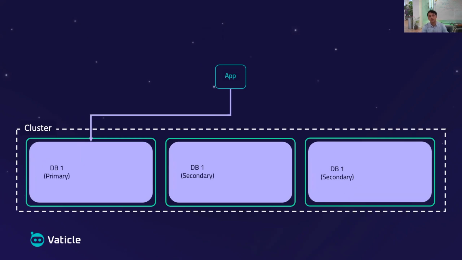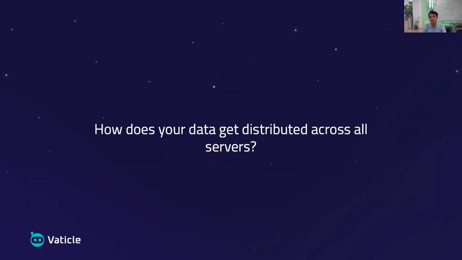Let's make a bigger room for us to be able to take a look at the internals. We're getting deeper here. We're going to take a look at the internals of a replica, basically answering the question of how do you get your data distributed across all servers?